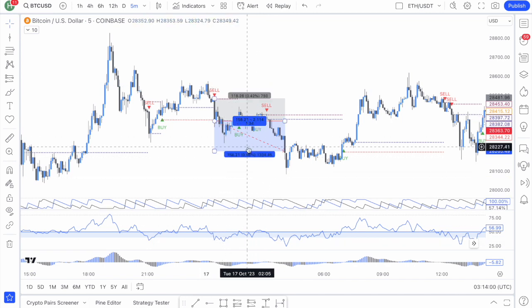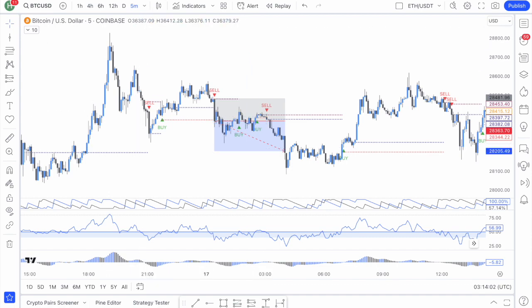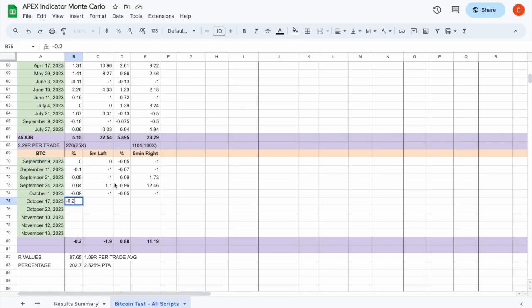Stopped out halfway through, so that'd be 0.02. So -0.2 at -0.5. Or no, I'm sorry, -5.